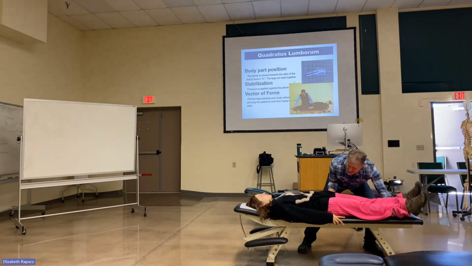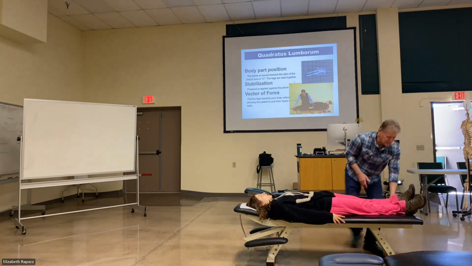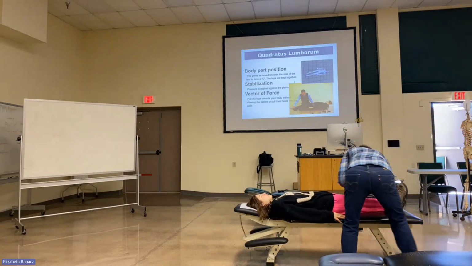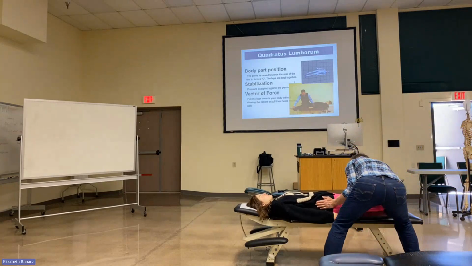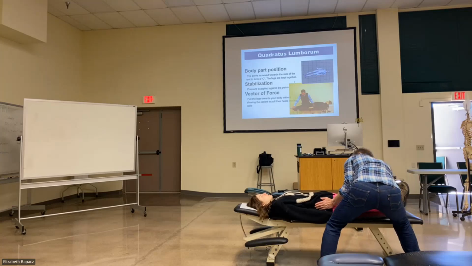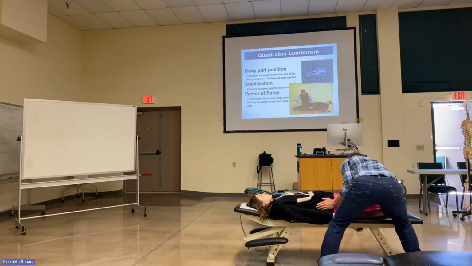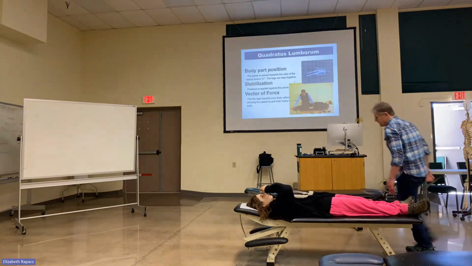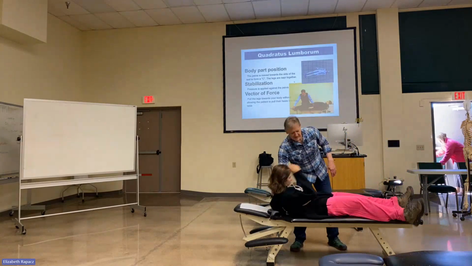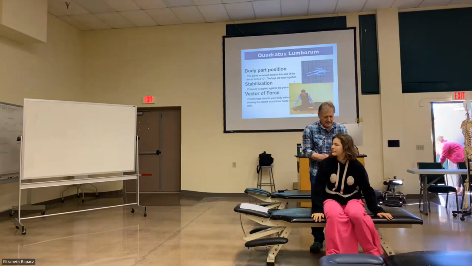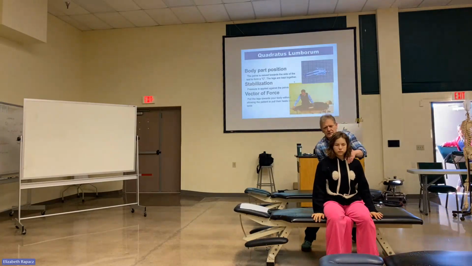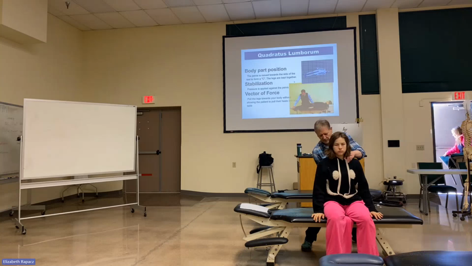Make sure that's happy. You can make real changes in people's chronic low back stuff if you find these relationships and fix them. A lot of times you can clear really long-term lumbar issues.